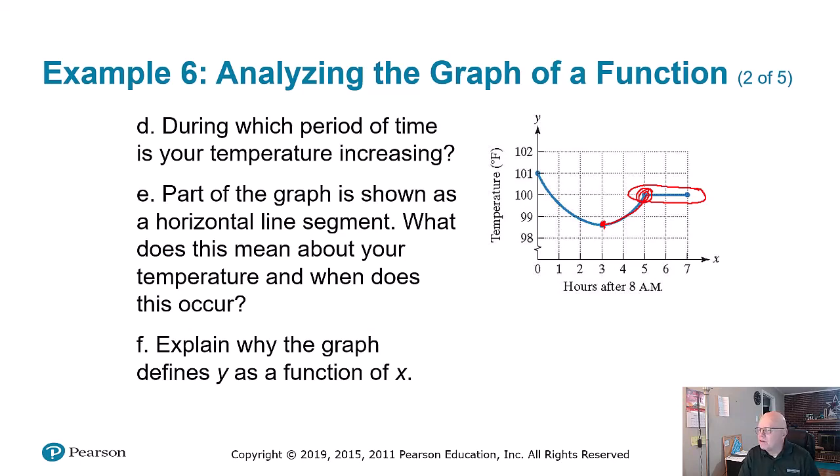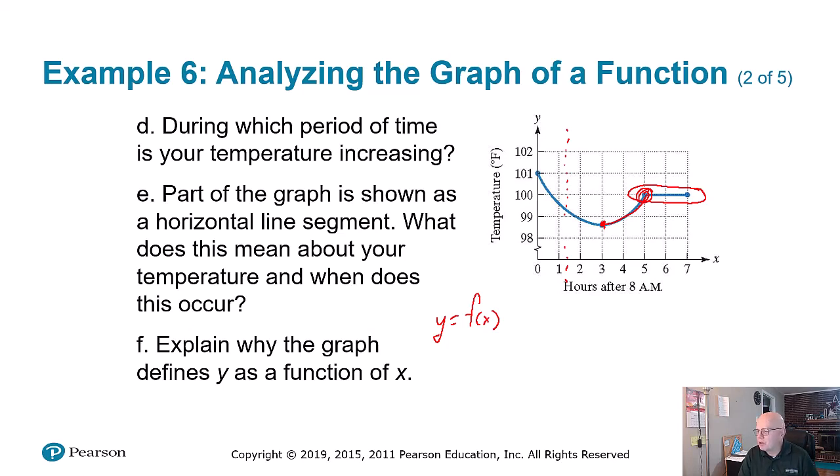Why does the graph define y as a function of x? Y equals f of x. Because you can draw any vertical line, say this one for example, and even though it's sort of a strange graph, it's only going to cross the graph one place. Now what does that mean? We're talking about temperatures, right?